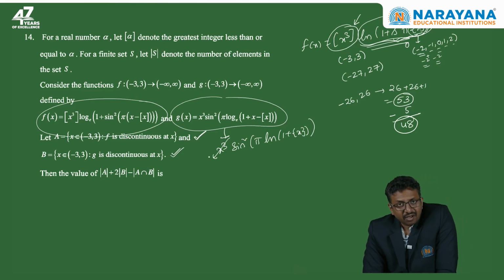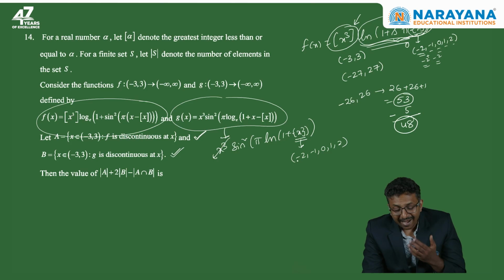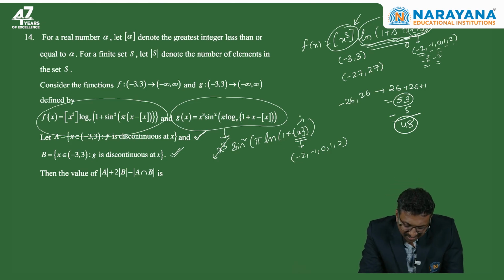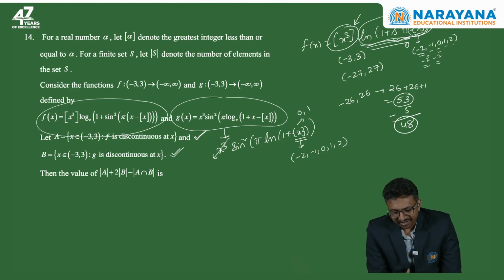Here, if you take the values where x is an integer, that is -2, -1, 0, 1, 2, then as x goes to -2 plus or -2 minus, this fractional part is either going to 0 or 1. If it goes to 0, it will be ln 1, which is 0, but if it goes to 1, ln 2, so sine square of pi ln 2. So the right limit and left limit are becoming different.